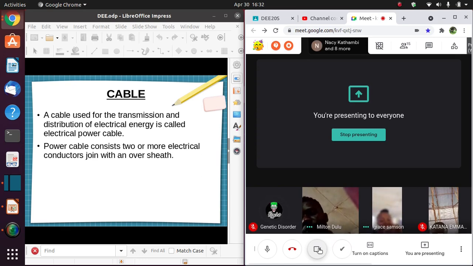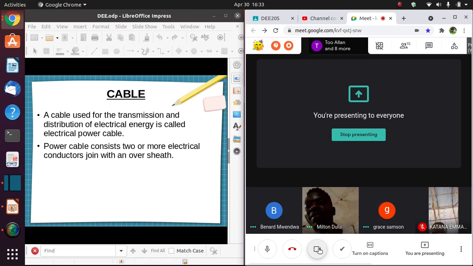Grace, you were saying something? I think they were connected completely while the cable is... the wire is a wire, while the cable is an insulator.